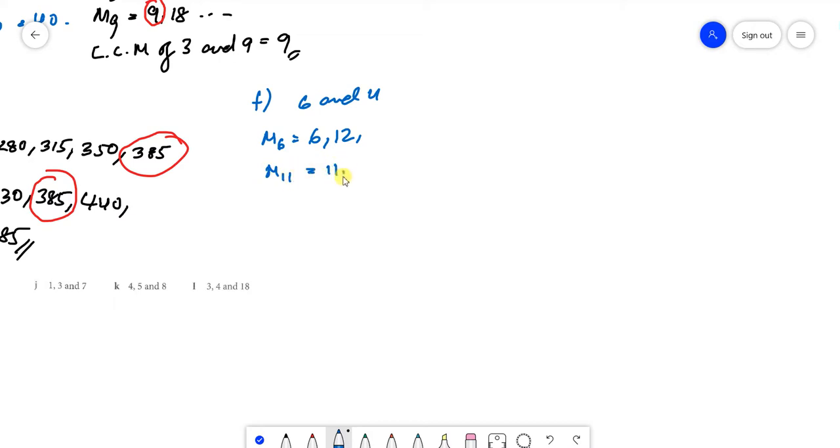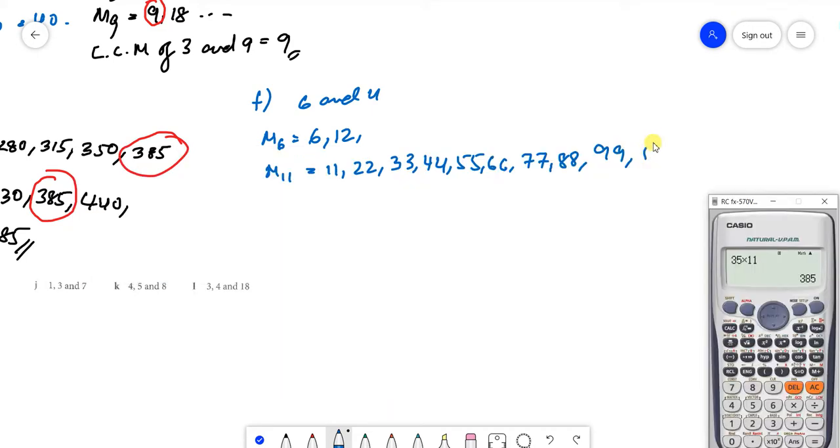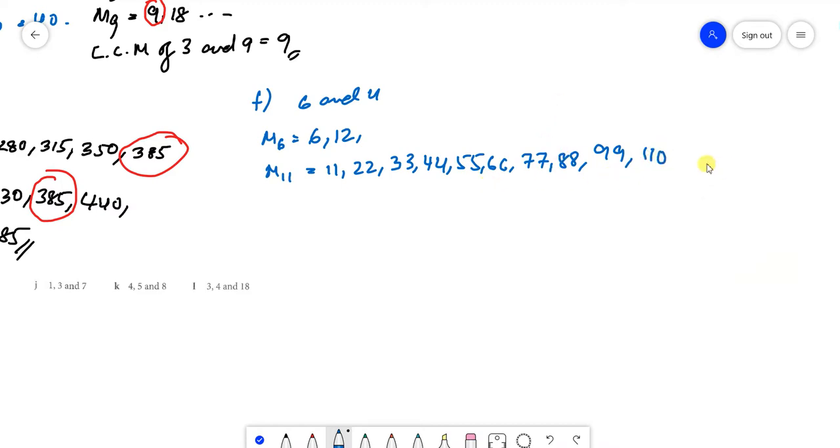So 11 ones are 11, 11 twos are 22, 11 threes are 33, 44, 55, 66, 77, 88, 99, and 110. Is it 110? Yes, it's 110.